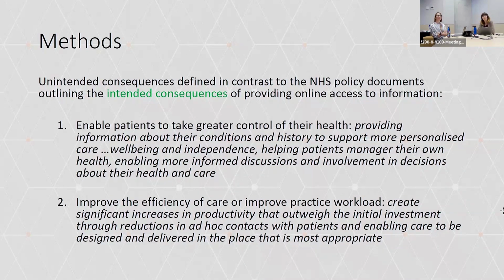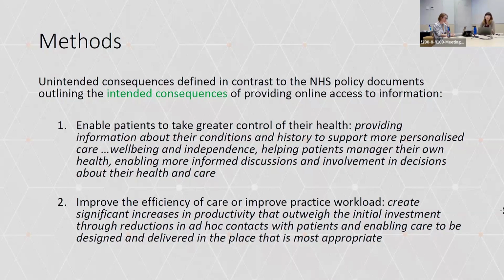And they found two main areas. It was intended to enable patients to take greater control of their health, providing info about their conditions and history to support more personalized care, well-being and independence, helping patients manage their own health, enabling more informed decisions and involvement in decisions.